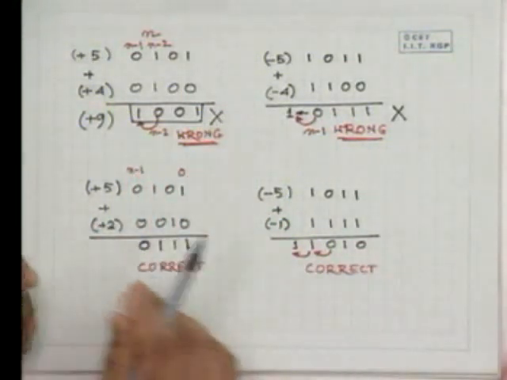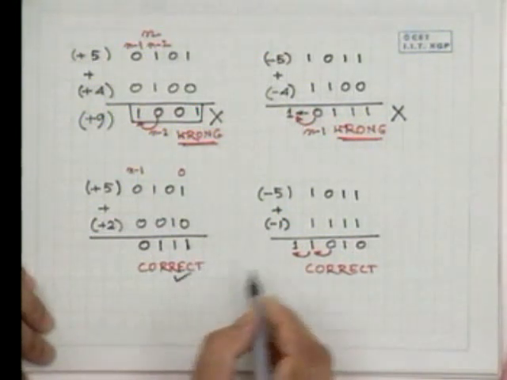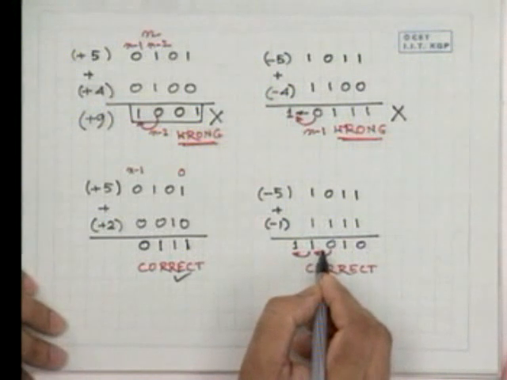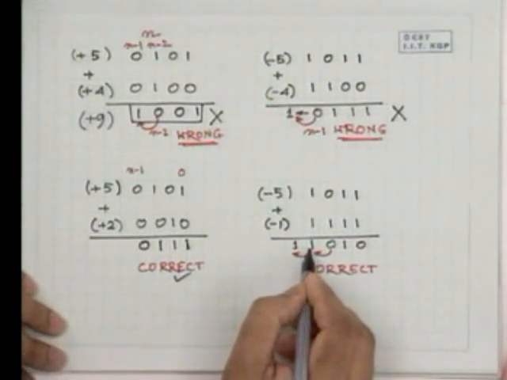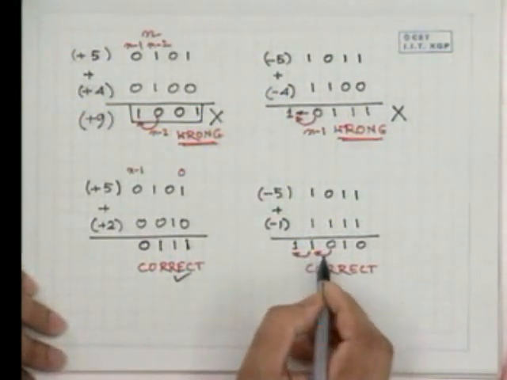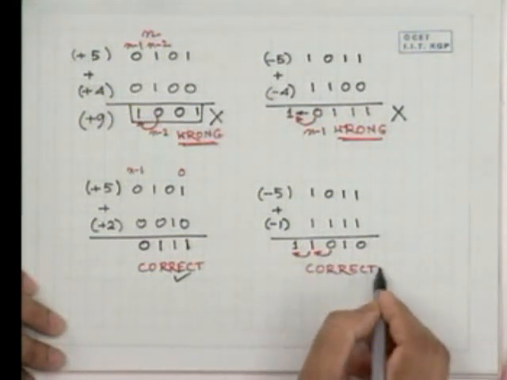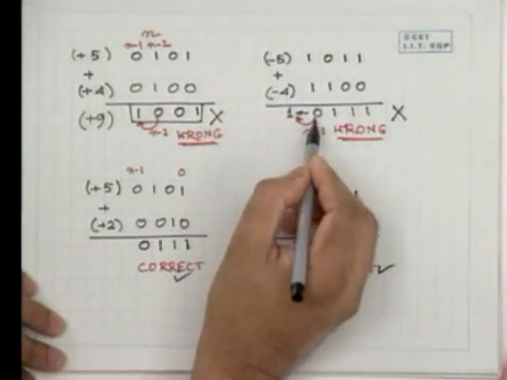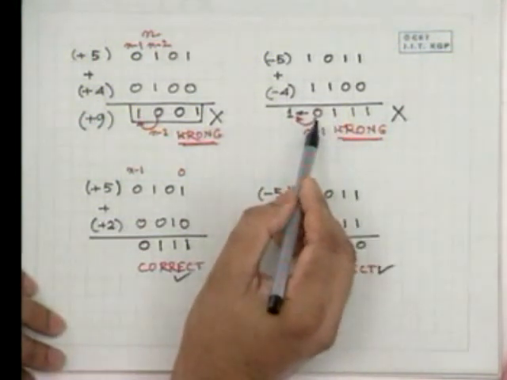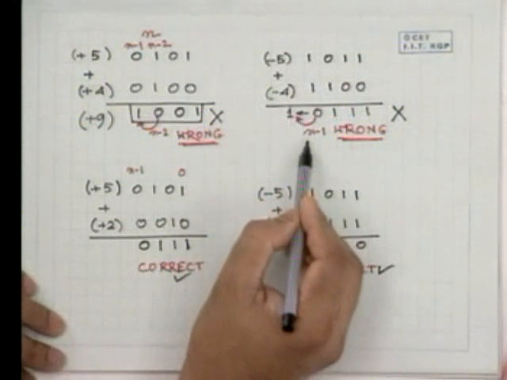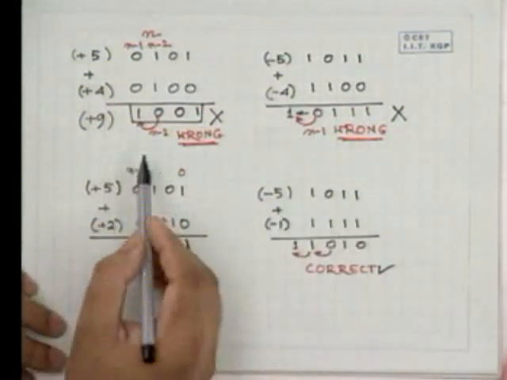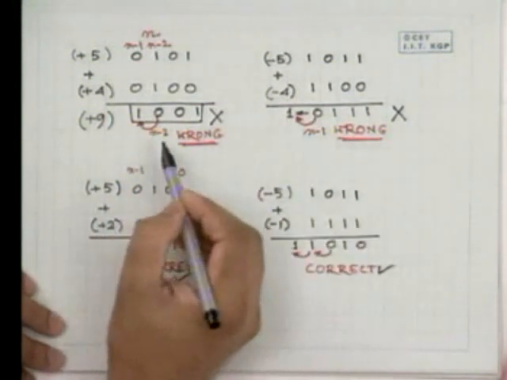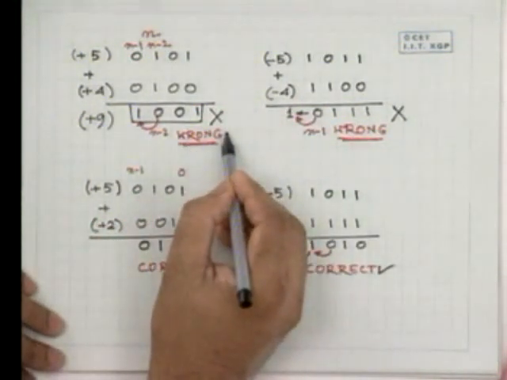Or if there is a carry out of the n minus second bit as well as the most significant bit, which is my n minus 1th bit, if both carries are there, then also we call the result correct. But if there is only one carry, that means the carry from the most significant bit, or the carry from the n minus second bit, then we say the result is wrong.